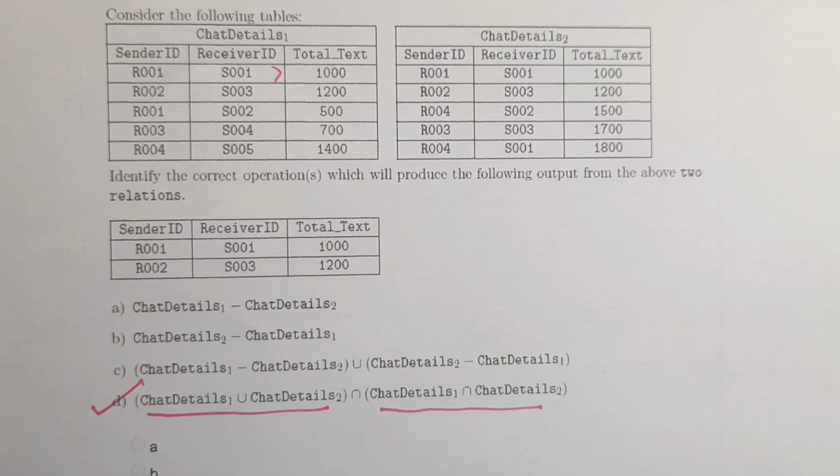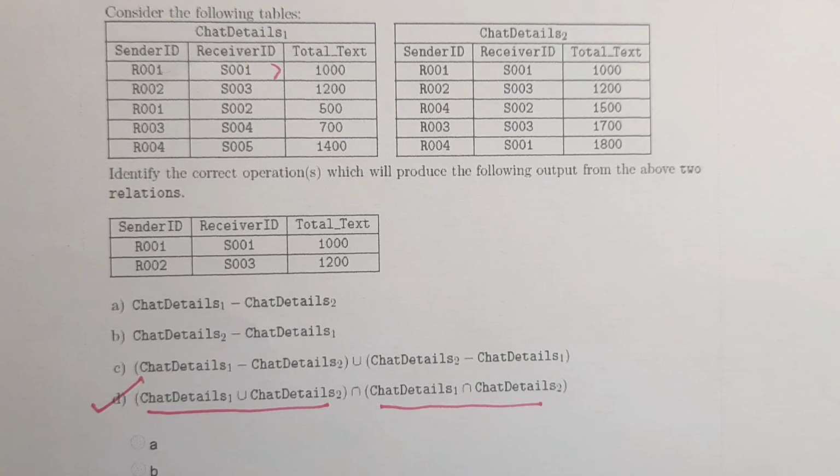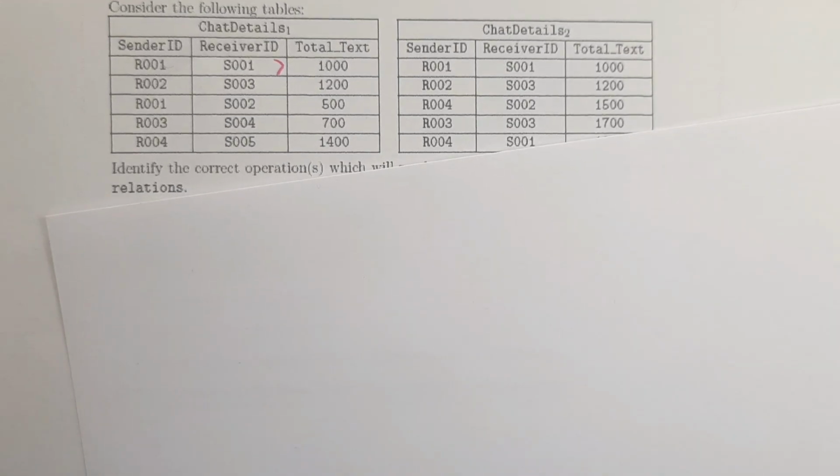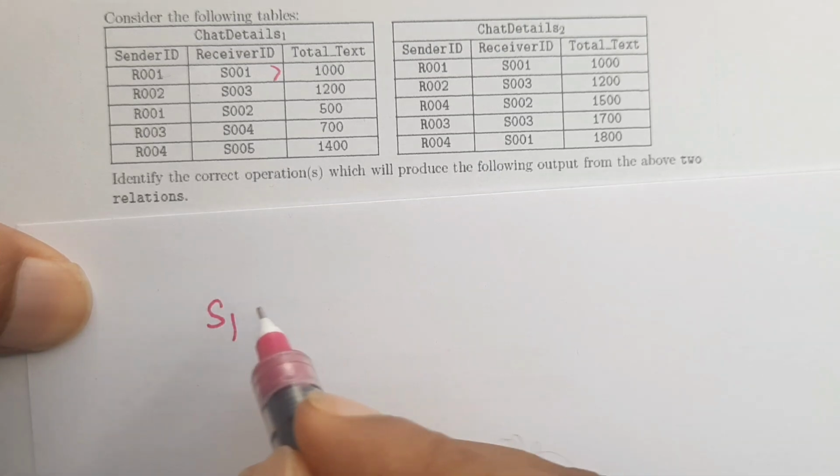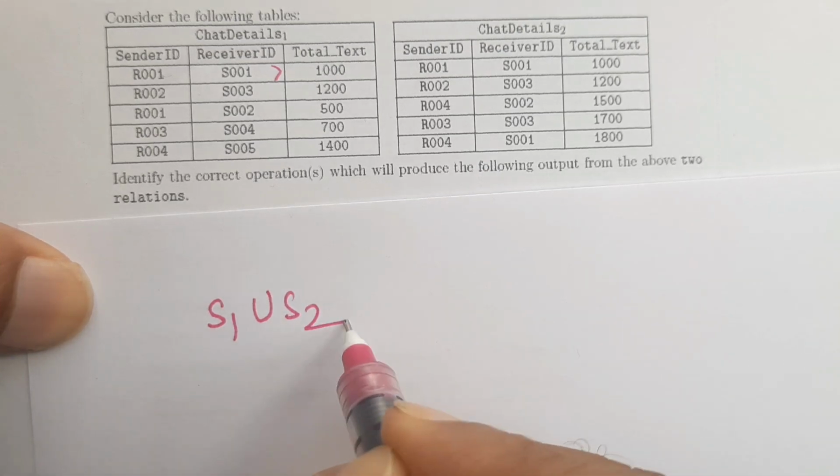Let me explain here with one example. By the way, you will get more clarity. Now you can see I am going to explain in a separate page. So what is the first table? First we are going to have S1 union S2.